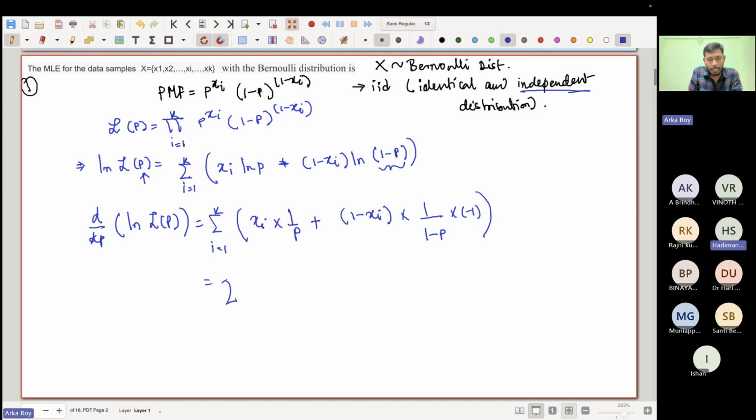So I can write it as xi by p minus 1 minus xi divided by 1 minus p, summed over i equals 1 to k.